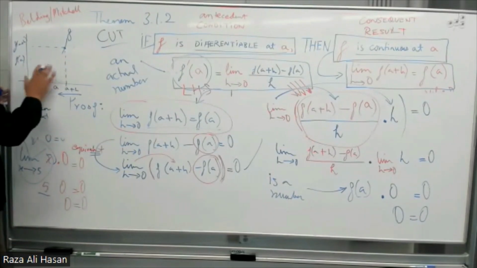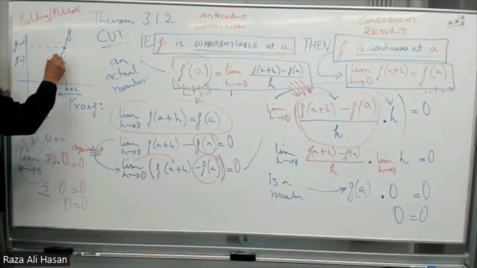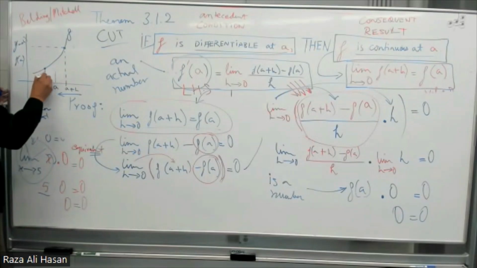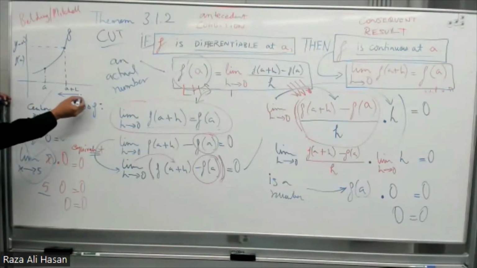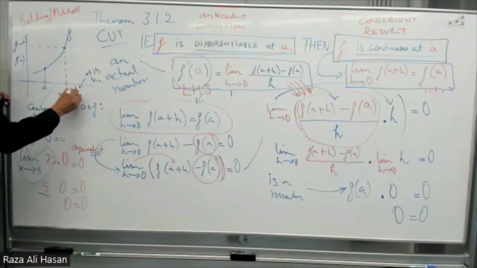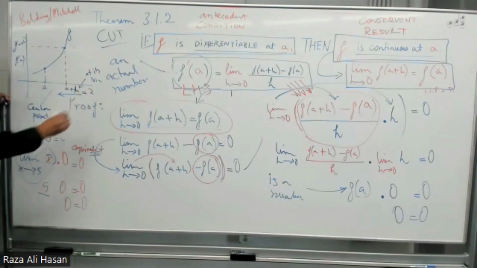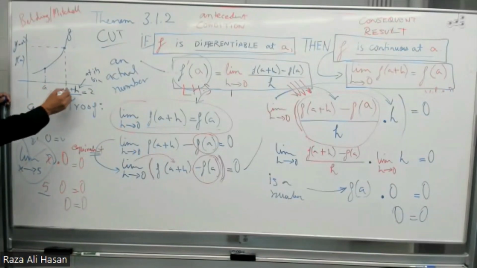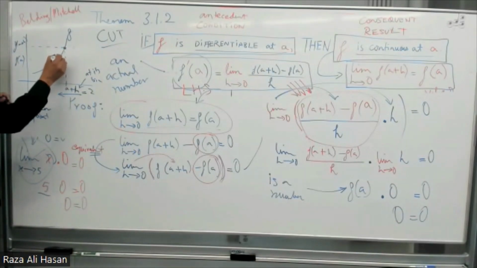So let's make this slightly bigger. This is our A point. As H gets smaller, this is H at its biggest. Let's say H is 2. When H is 1, this point here is going to move right here.